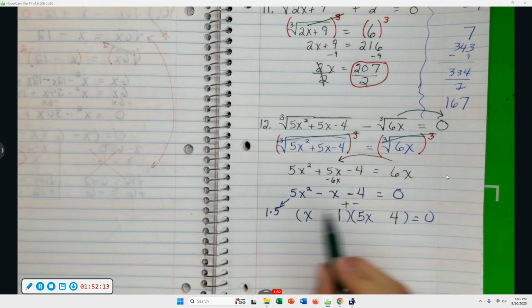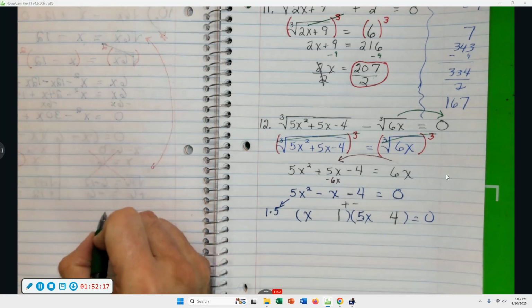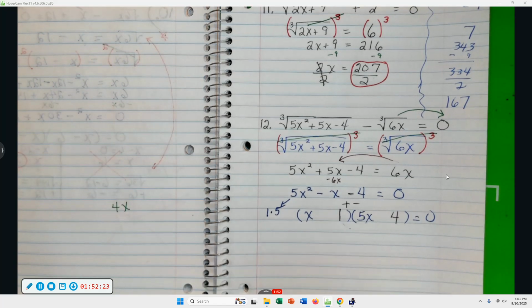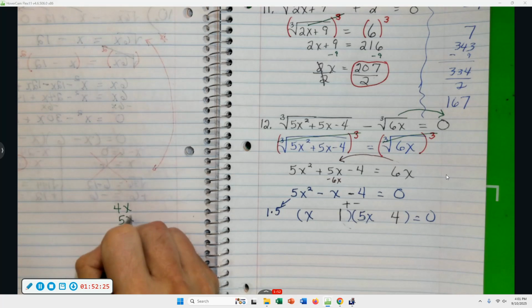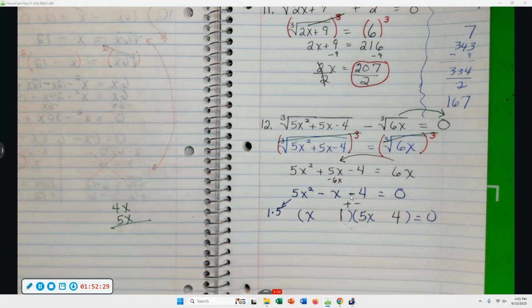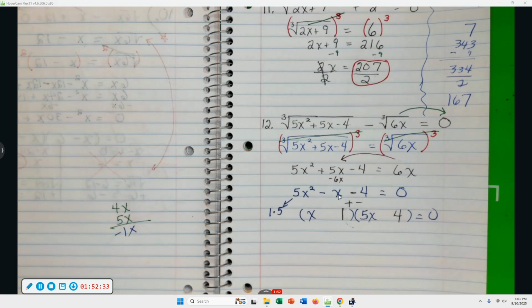So the outer product is a 4x. If we start foiling it out, we have a 5x squared and then a 4x. What's the inner product? A 5x. Now we need these numbers to subtract to give us, what is that coefficient on x? A negative 1x. How do we need to place the signs?